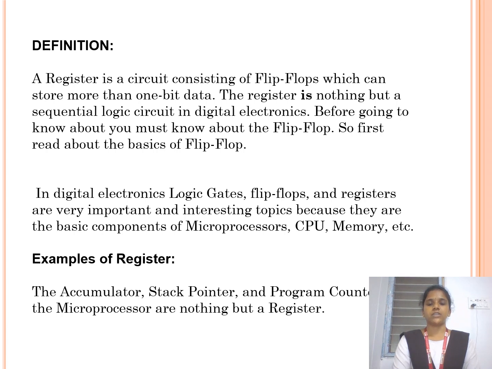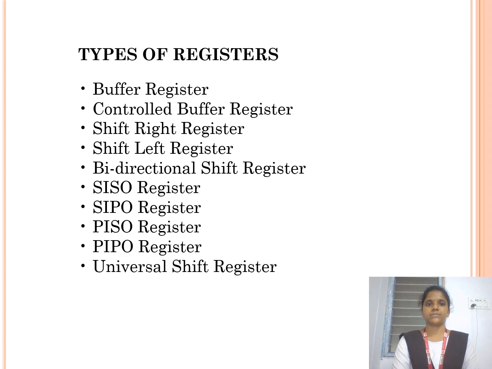In digital electronics, logic gates, flip-flops, and registers are very important and interesting topics because they are basic components of microprocessors, CPU memory, etc. Examples of registers: the accumulator, stack pointer, and program counter in a microprocessor are nothing but registers.